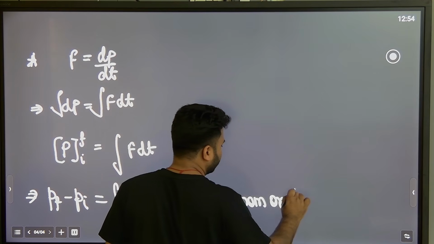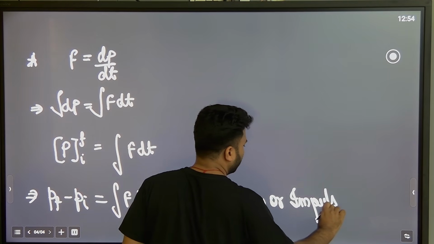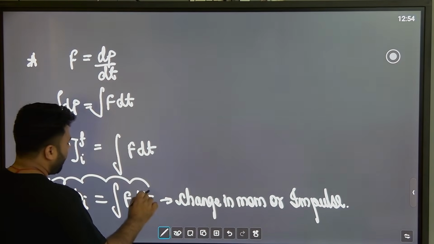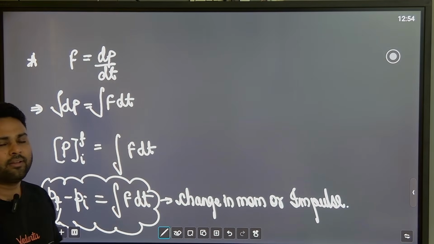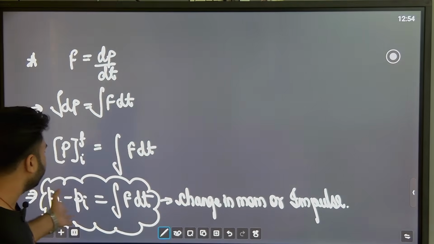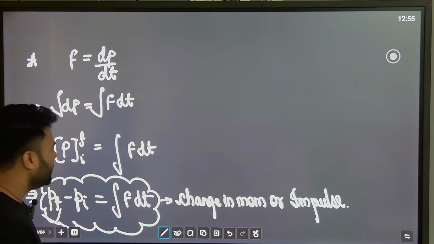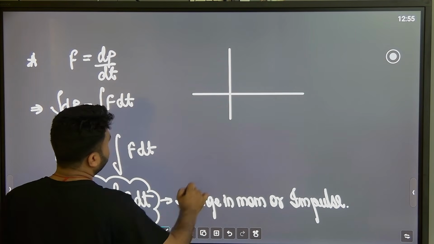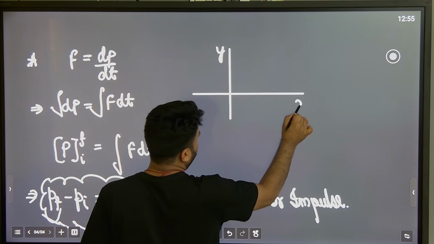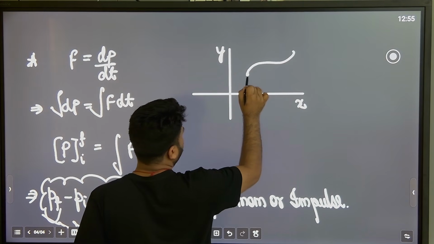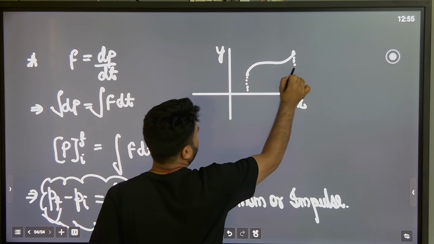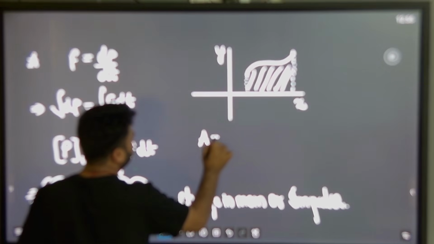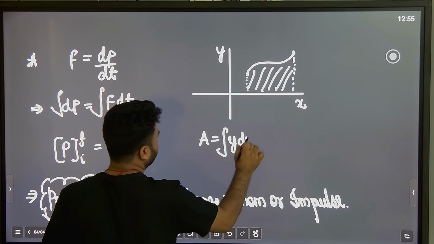We have another word for this. This change in momentum is also called impulse. Correct? So if they ask you to find the change in momentum, you can find it by this method. Now again, stick to the basics. If a y versus x graph is there and I ask what is the area under the graph, this concept is used in all chapters. You will say it's the integration of y dx.